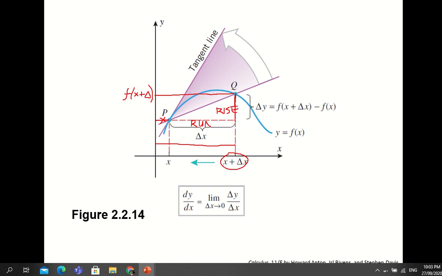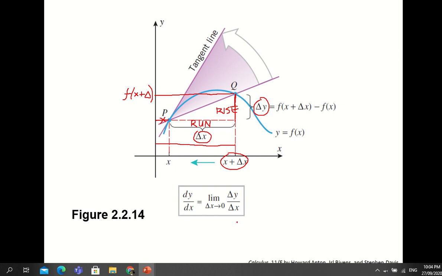Now if you are going to take the ratio of the rise over run, meaning you divide the delta y by the delta x, and when you take the limit of this ratio as the delta x approaches 0, then what we have is what we call the derivative of y with respect to x, or dy over dx.